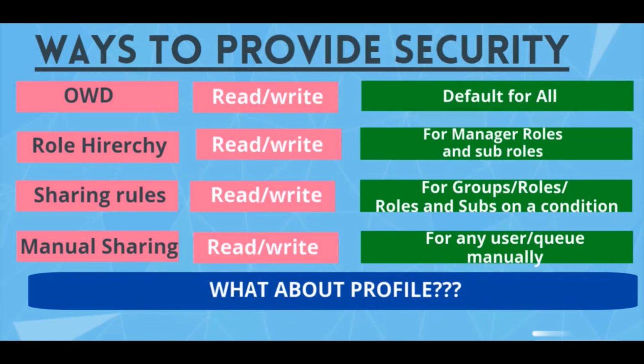Now, whenever there is a requirement where we need to share the records based on manager and subordinate roles, with read-write access, then we need to choose row level hierarchy. Whenever there is a need to share records with particular groups, roles and subordinates based on a particular condition, then we need to go for sharing rules. Whenever there is a need of sharing a record to a user or to a queue, that too manually with read and write access, then we will choose manual sharing.